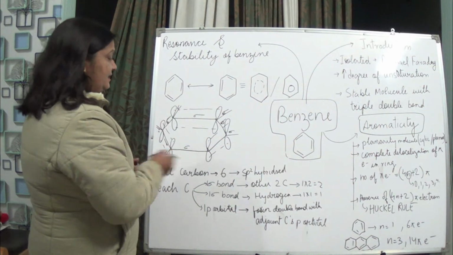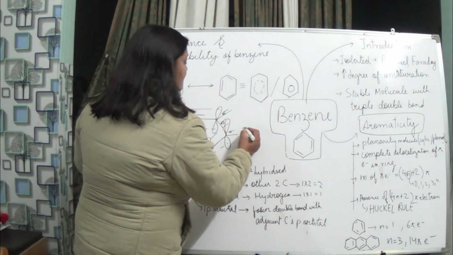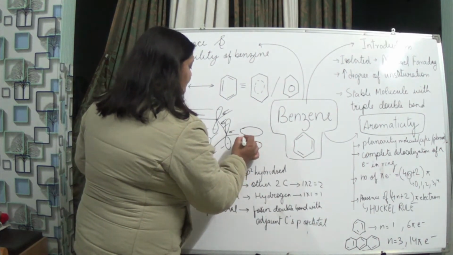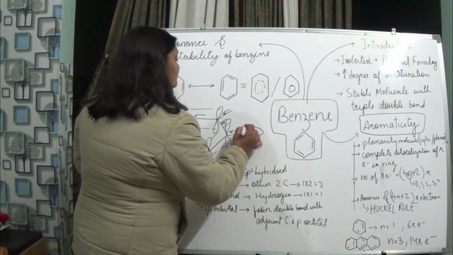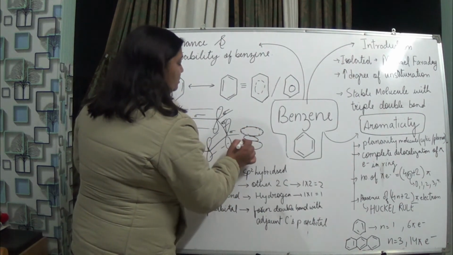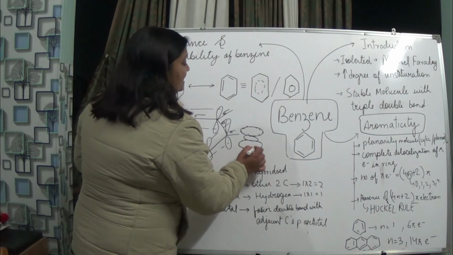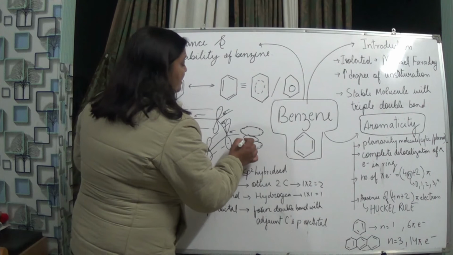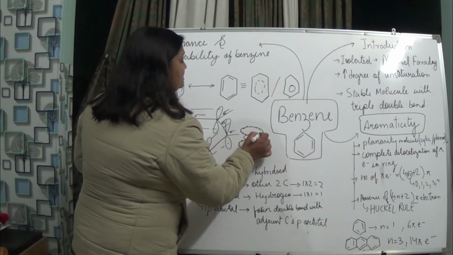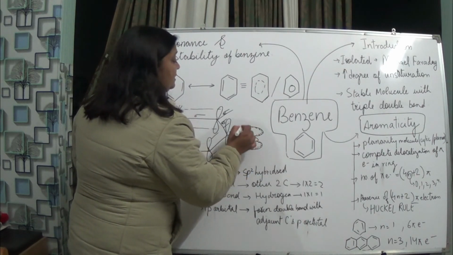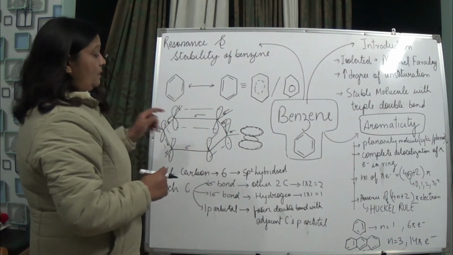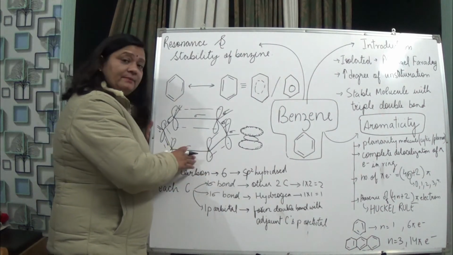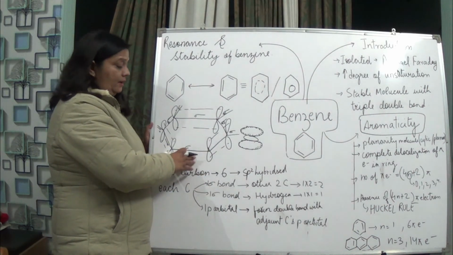Thereby it can form a structure like this, where we can see the electron clouds being delocalized or spread over, making it a stable structure with the minimum energy, resulting in the stability of the benzene ring.